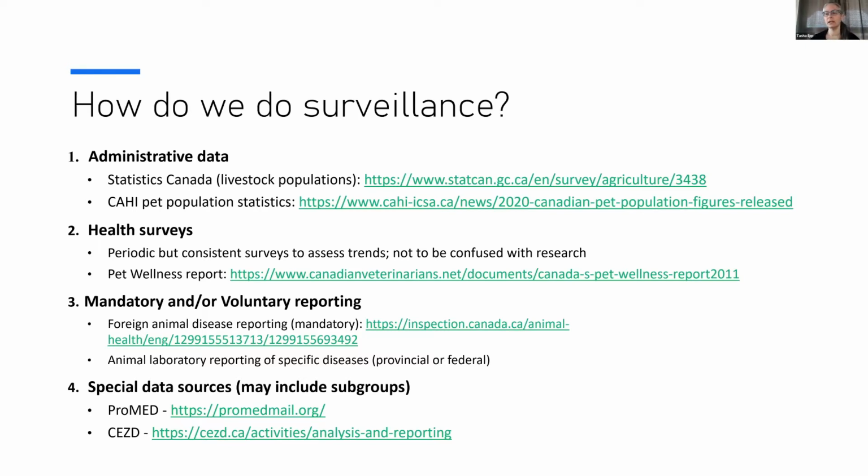But we have the Canadian Animal Health Institute, which does a pet population survey approximately every 2 years. Their most recent one was done for the 2020 year, and it was released last February of 2021. The website listed there is where you can look at that one or any of the archived ones. You'll get a sense of the population of dogs or cats in Canada, and whether that is increasing or decreasing from past years. Certainly a source of information about our population.